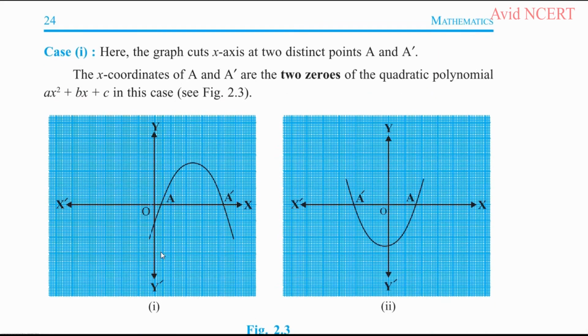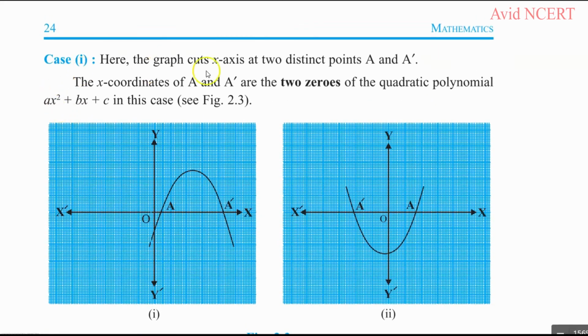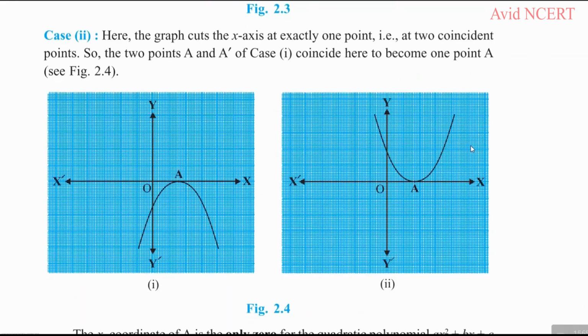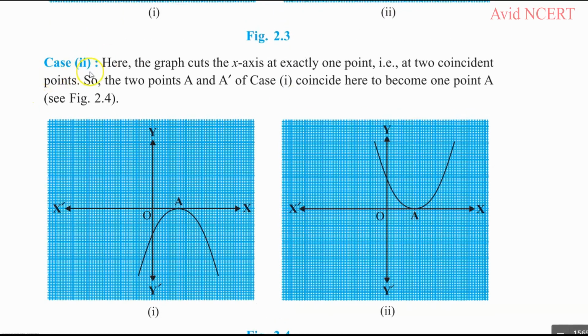So there are three cases in this. The first case is the graph cuts the x-axis at 2 points. Since this is a quadratic polynomial, the graph cuts the x-axis at 2 different points, at 2 zeros. In case 2, the graph cuts the x-axis exactly at one point, that is at 2 coincident points.